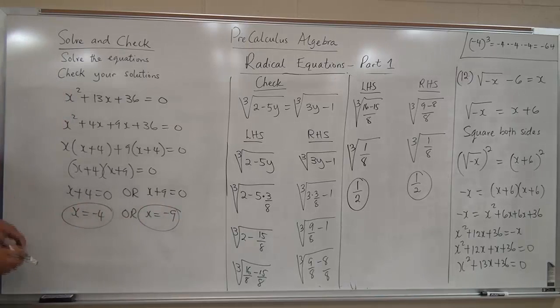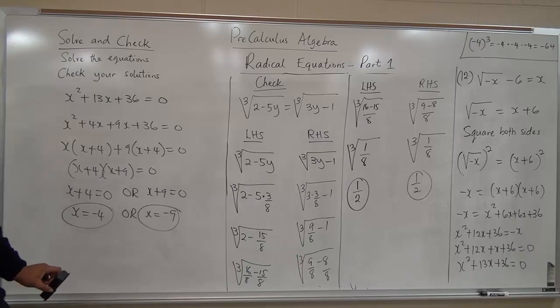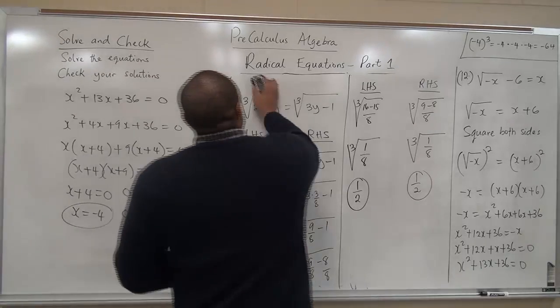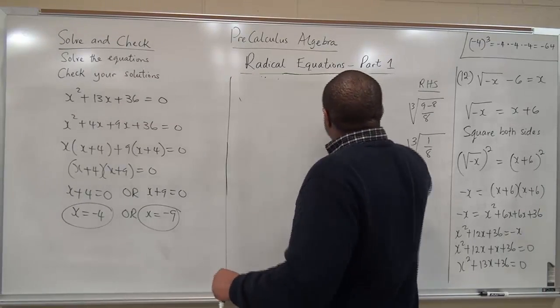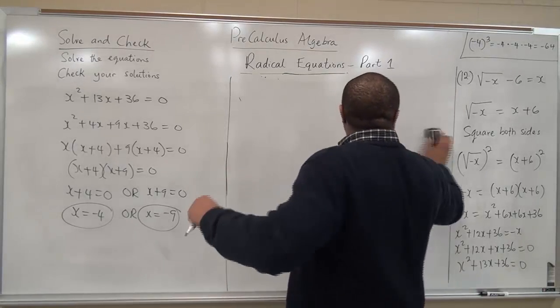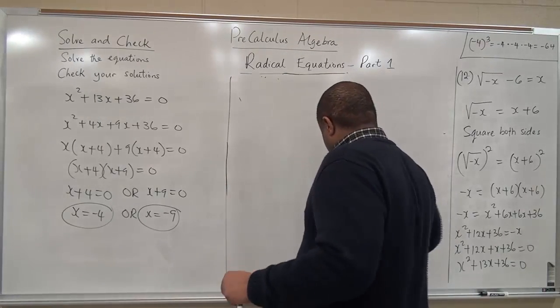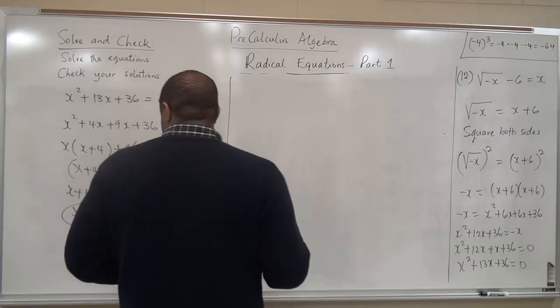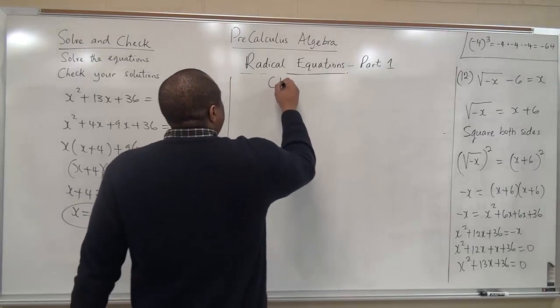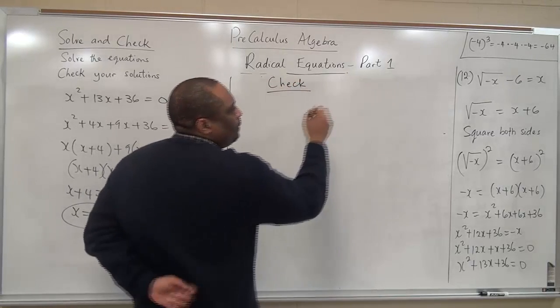All right. We don't stop here. We will have to check both of them and see. At least one must satisfy it. So let's see. We write our check here.